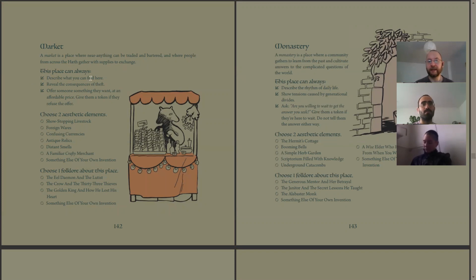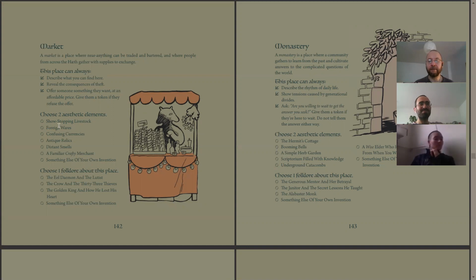they can always, as a market, describe what people find in the market, and reveal the consequences of theft. So if theft is happening, they have the right to define or reveal the consequence, or offer someone something they want at an affordable price, or give them a token if they refuse to offer, so they also get the right to issue.